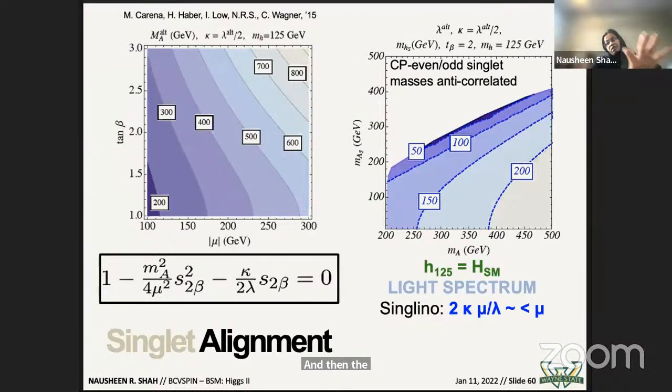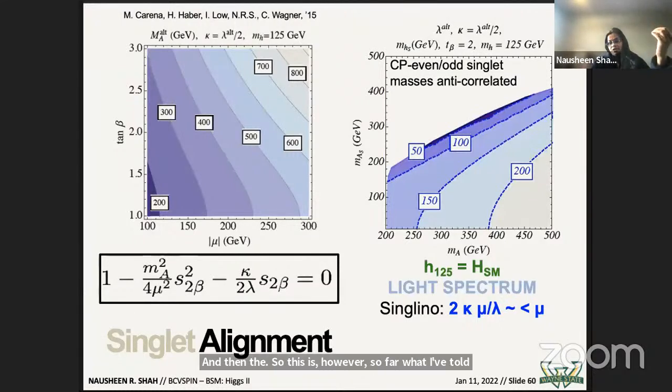However, what I've shown you so far is very simple equations that we write down from tree-level equations of this NMSSM story. And you could ask, well, previously I've also shown you that loop corrections screw up things completely, right? So should I really trust this?